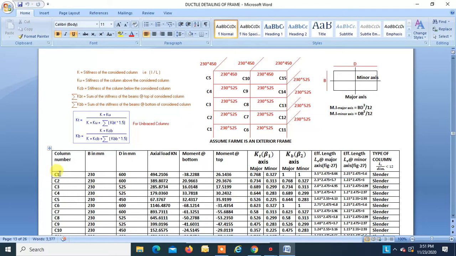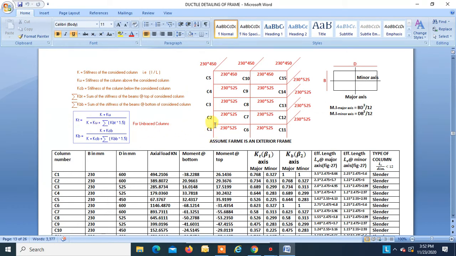Let us try to understand how we get Kt and Kb for C1. For C1 we first take the major axis. The moment of inertia is bd cubed by 12 and the stiffness will be MI divided by L. Kt is the stiffness at the top joint.